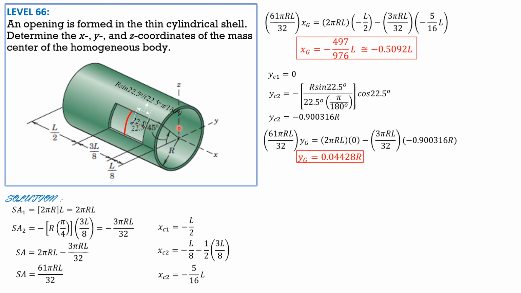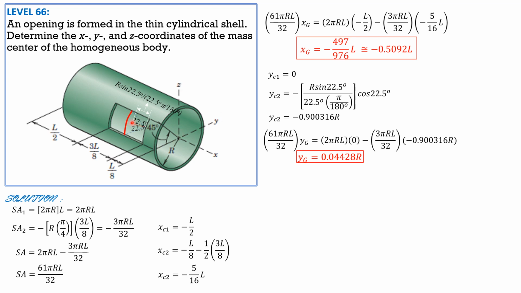So y_G is positive, it's somewhere there, 0.04428 of R. Then G sub C1 is also 0, while G sub C2 is above the y-axis, so it's positive.